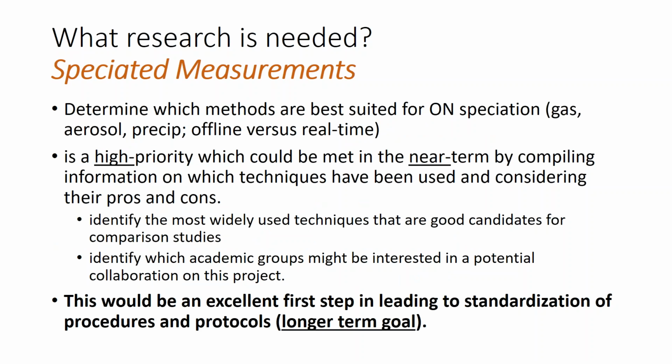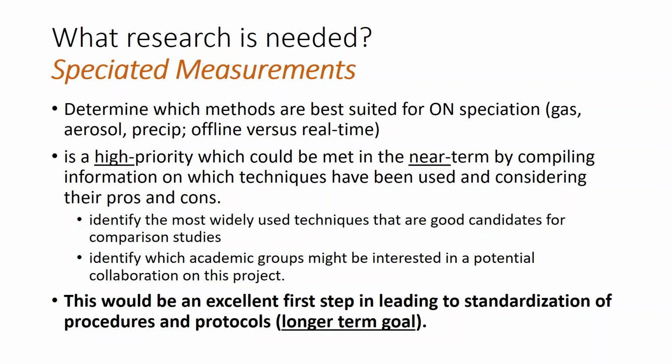We also, as part of this, need to determine which methods are best suited for organic nitrogen speciation. Bringing these groups together is important, but we also have a lot of resources and published work, like journal articles, where we could identify the most widely used techniques that would be good candidates for the comparison study.